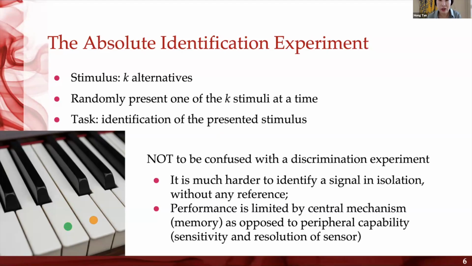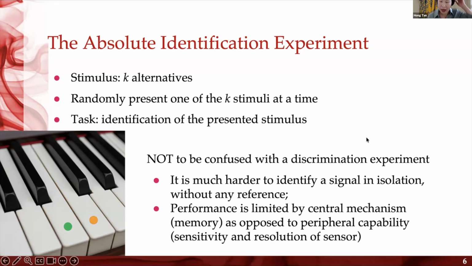If I ask you to do a discrimination by playing both keys, most people can tell which one has high pitch and which one has low pitch. What I'm running here is I'm only going to hit the key with a green dot. And I ask you, what is the key I just pressed? So this is sort of akin to people having absolute pitch. When you don't have a reference anymore, the task is so much harder.